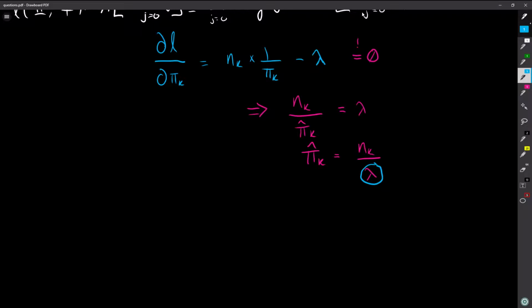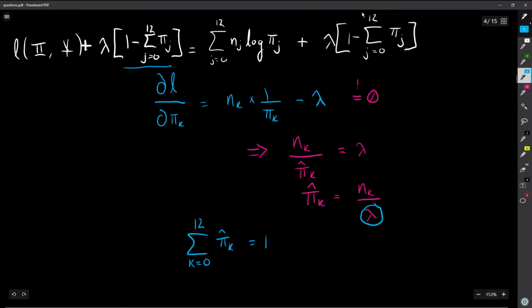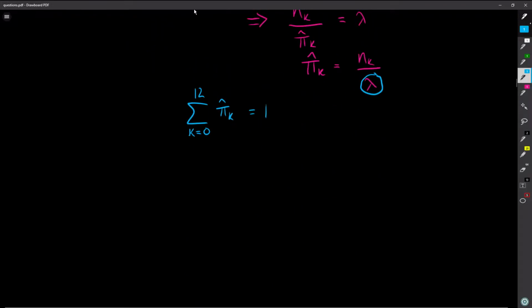And there's a couple of ways of getting there. The easiest way, in my opinion, is to consider the fact that in order for this to be a valid probability, we have to have the summation from k equals 0 up to 12 of pi hat k equal 1. And this was the constraint that we put in, right? This is the same constraint right here, but it's a sum to 1 probability constraint, so we know that has to be the case.